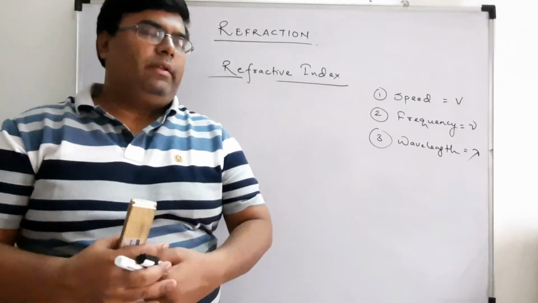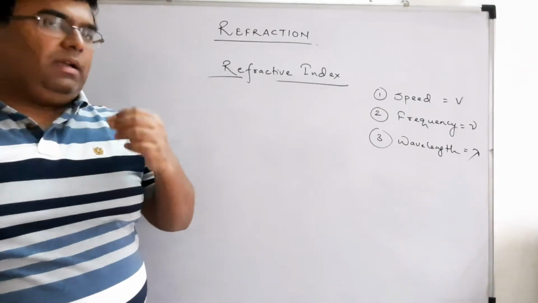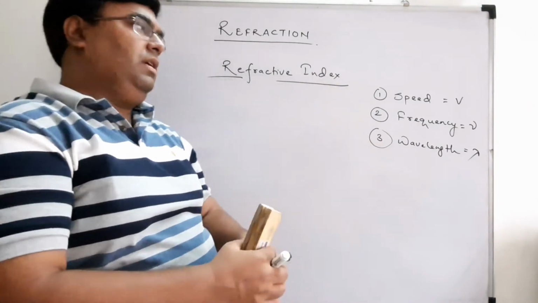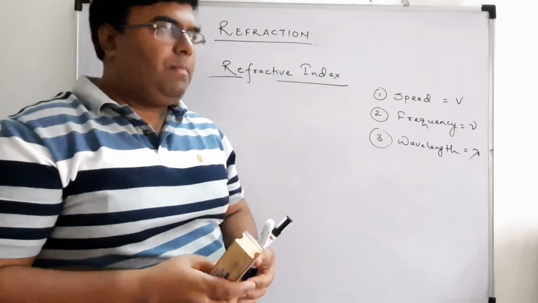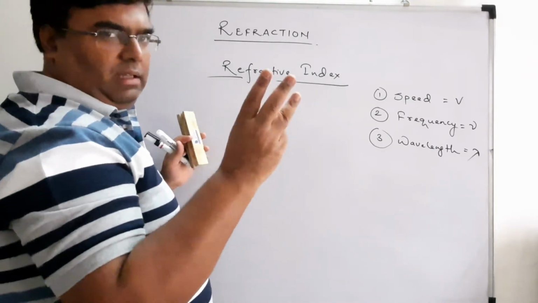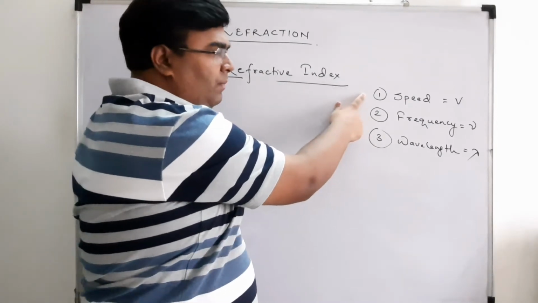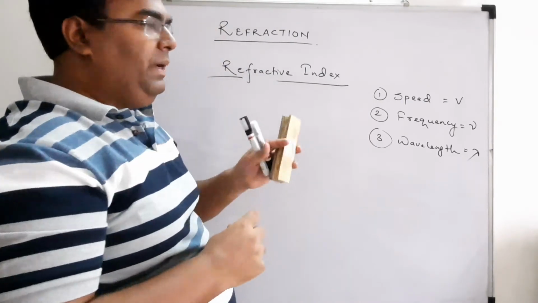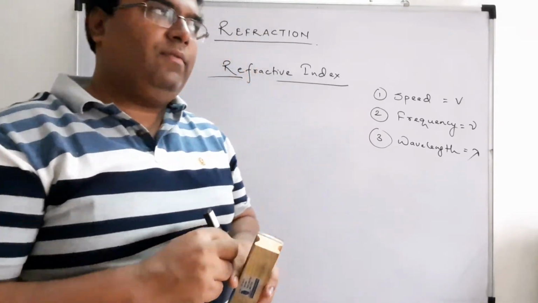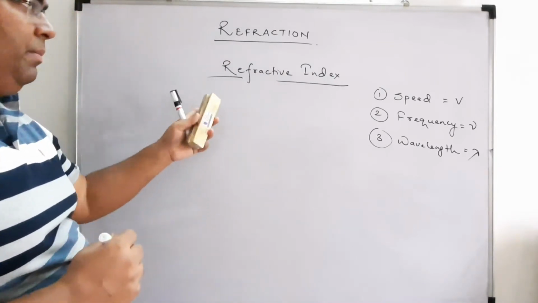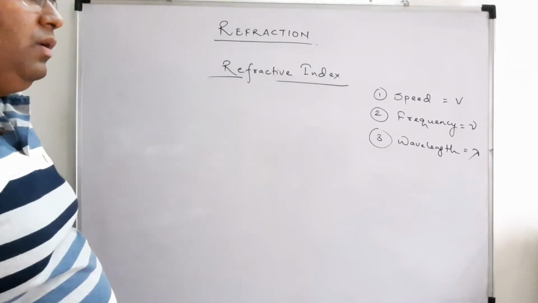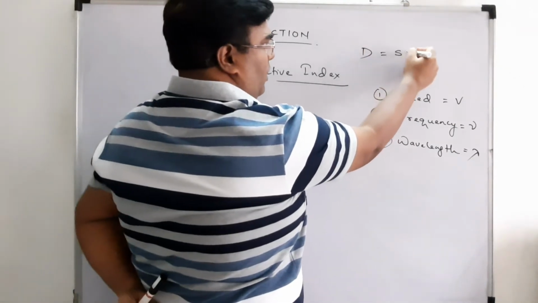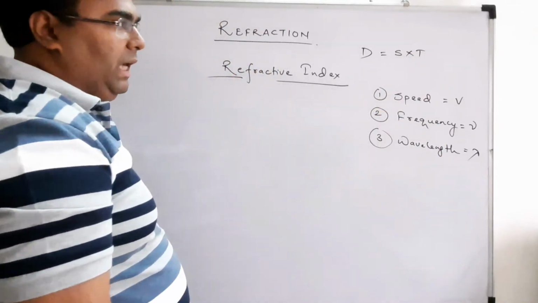Let us understand the refractive index in terms of its components, meaning speed, wavelength, or frequency. Okay, a light wave, a ray of light, has three things. One is speed, you already know, frequency and wavelength. And we already know that speed decreases or increases if the medium changes, and it depends on refractive index basically. Now we know one basic formula in physics, that distance is equal to speed into time, correct?